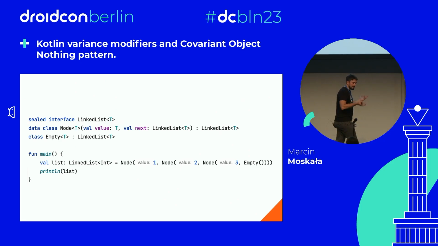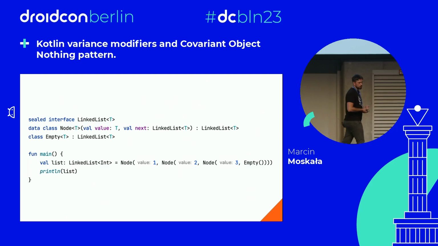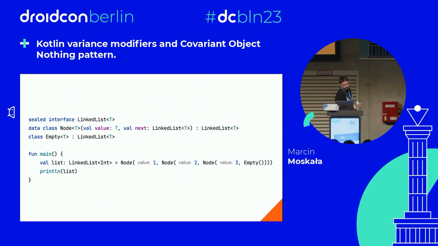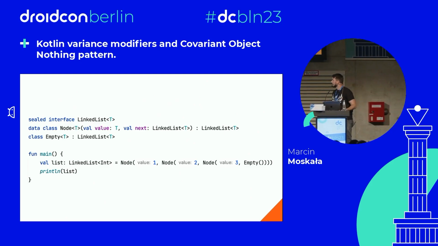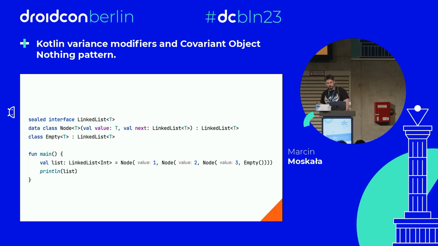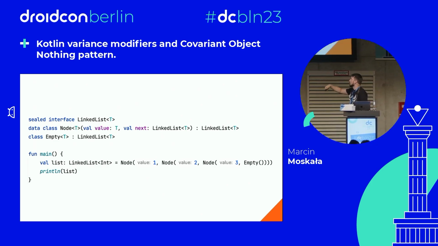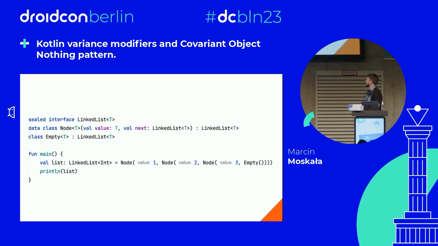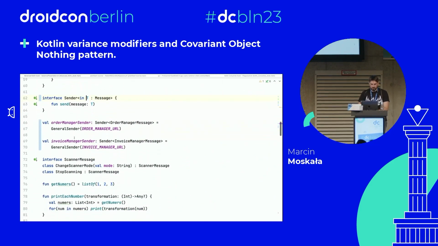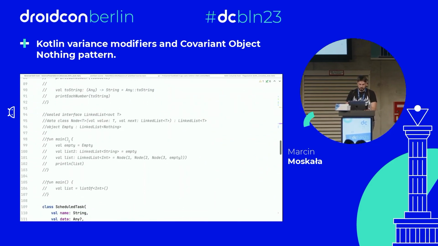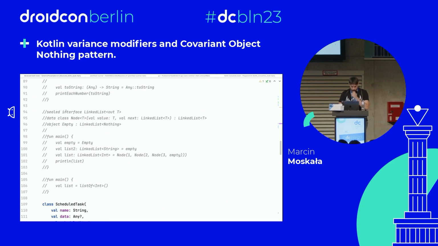So you can create a list from a couple of nodes: node with 1, referencing node with 2, referencing node with 3, and then empty. And here, we need to create a new empty object every time we want to create the end of this list or an empty list, which is clearly not optimal. If we needed to use this data structure in our program, we would need to use it quite often. So how can we improve that?